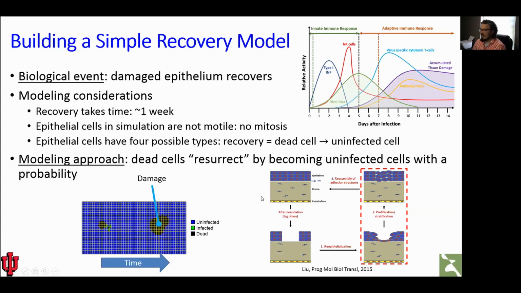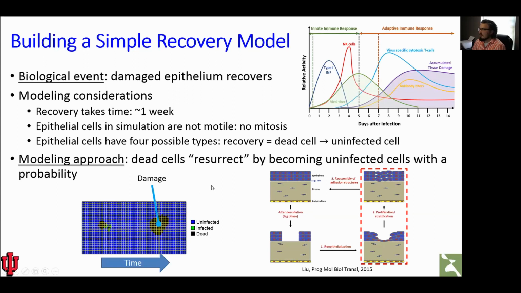For the very simplest case, what we will say for this simple base model is that recovery is equal to a dead cell becoming an uninfected cell. So this is, depending on how this is cast, something like an epithelial cell underneath our tissue patch proliferating and replacing the dead cell that was there. We'll do a little bit more with this in the subsequent model development after this one.